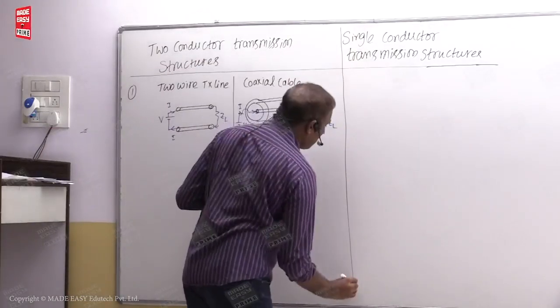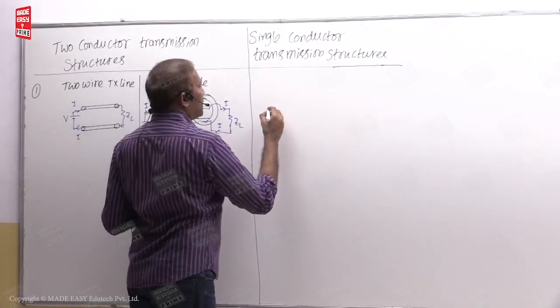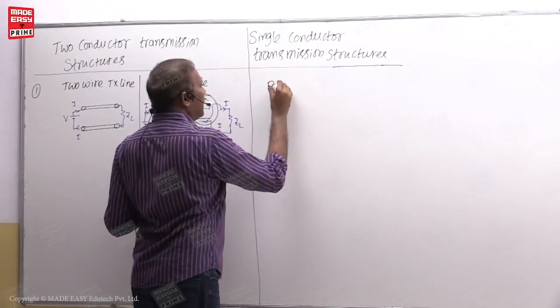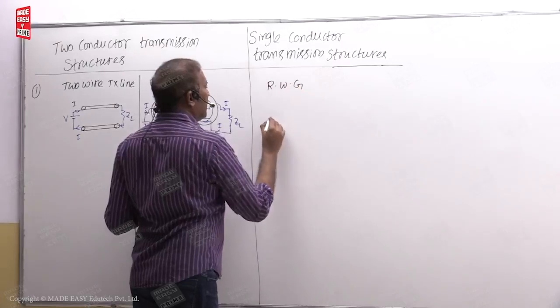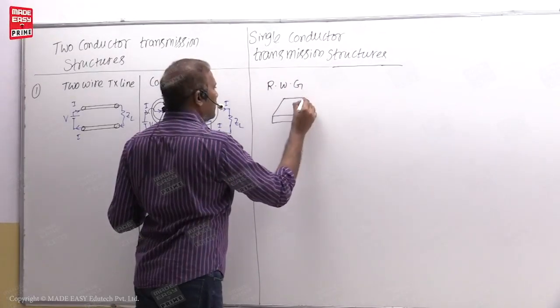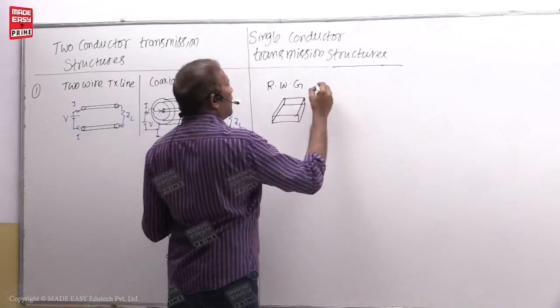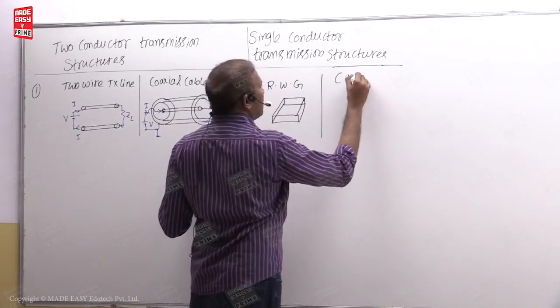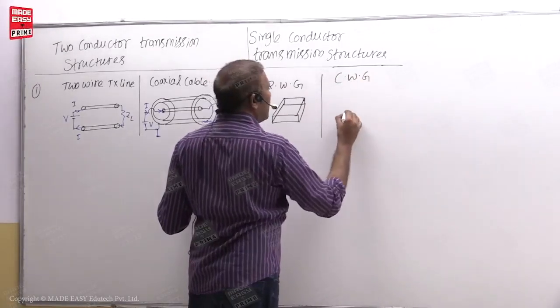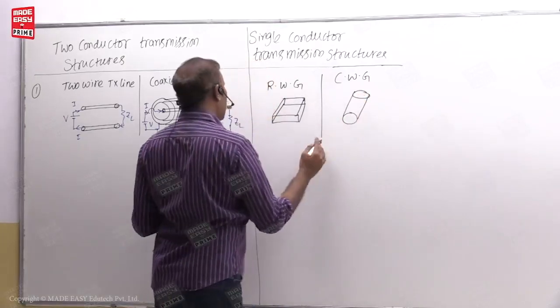Now let us talk of single conductor transmission structures. Rectangular waveguide, so that one, and circular waveguide, this one, single conductor.